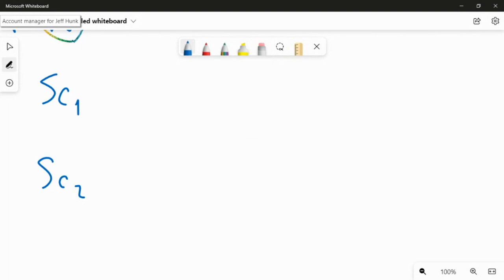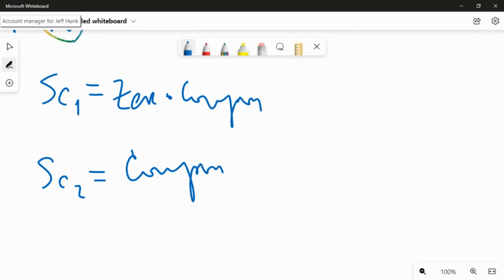In case of zero coupon, there's only capital gains, but there's no extra income, which is coupon payment. Scenario 2 is a coupon bond.